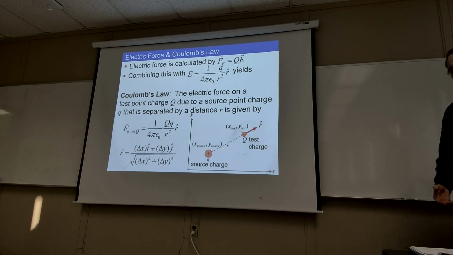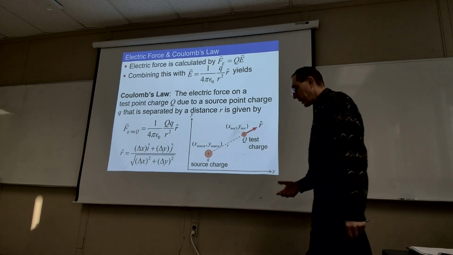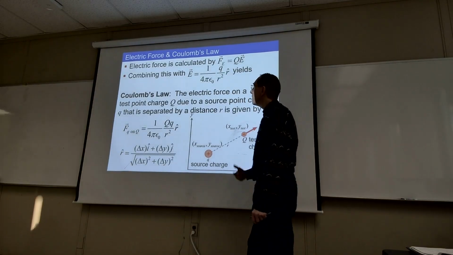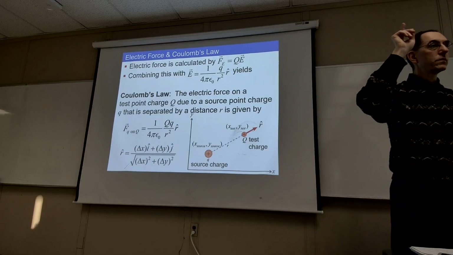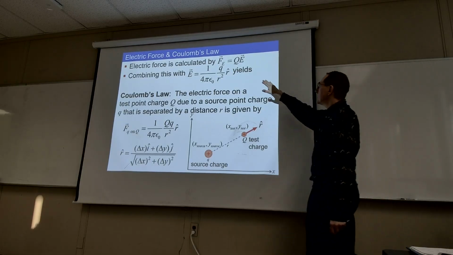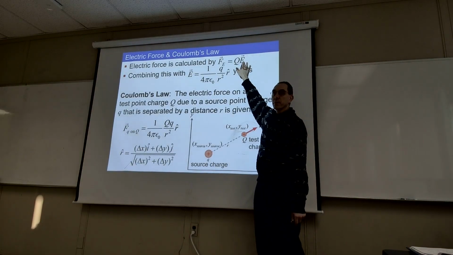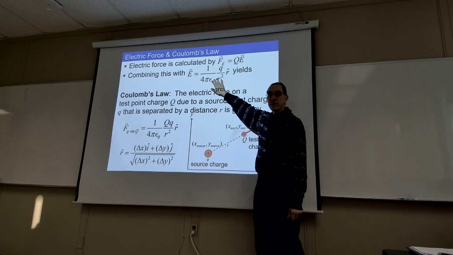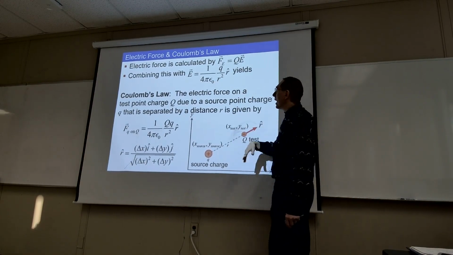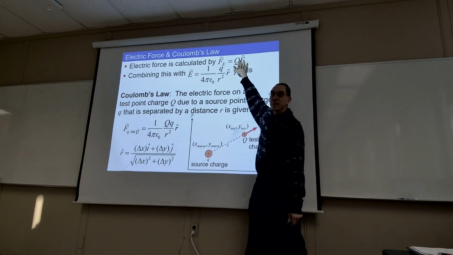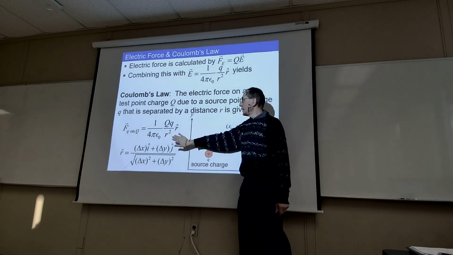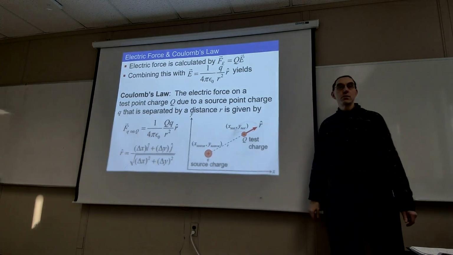All right. So we talk a lot about electric field, but we also like to be able to calculate electric force. We can do this because we know two things now. We know that the electric force is equal to the charge at a given point times the field at that point. We also know how to calculate the field. So if you put this equation into that equation, you get a third equation, given by the name Coulomb's law.